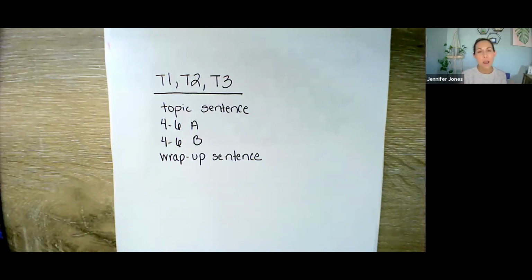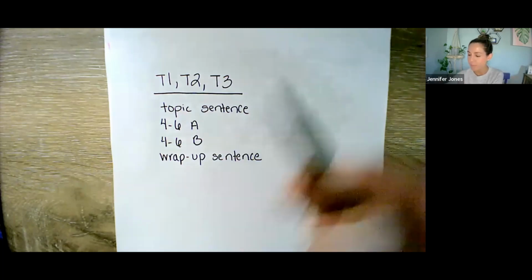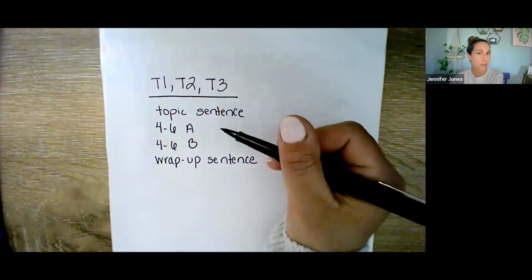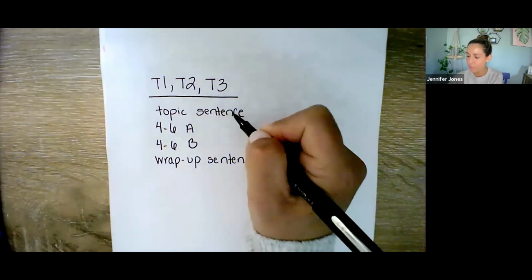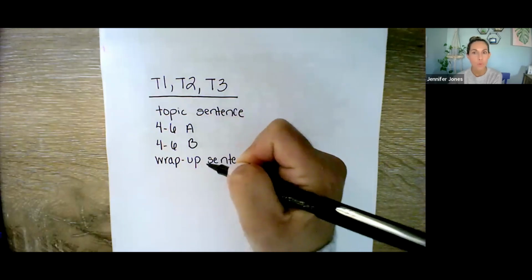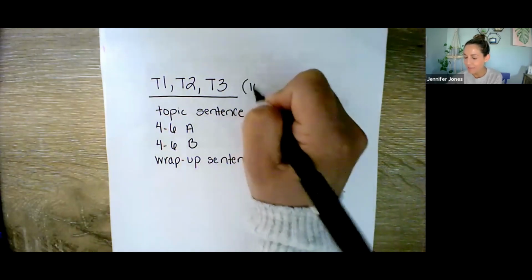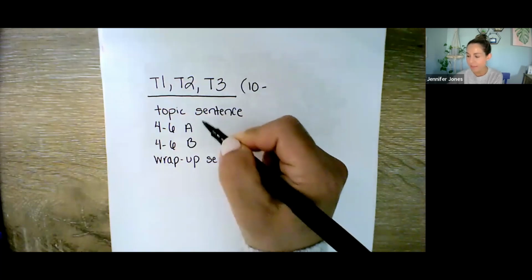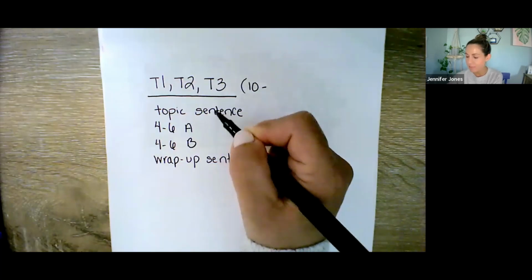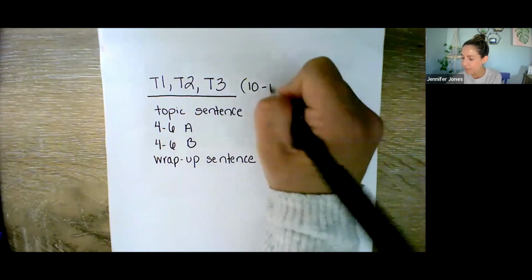Now let's talk about how many sentences approximately each middle paragraph will be. Well, if you, let's say, write 4 sentences about A and 4 sentences about B, then you'll have 1, 4, 4, and 1. That is 10 sentences. What if you write 6 for A and 6 for B? Well, then that's 12 A and B sentences plus 1 and 1 is 14.